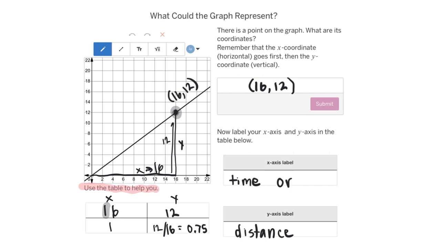So it could be time or any other creative option you can think of. Okay, so this is just showing you that your graph can represent relationships between an x value and a y value. And we're going to look at some situations that will maybe help clear this up.